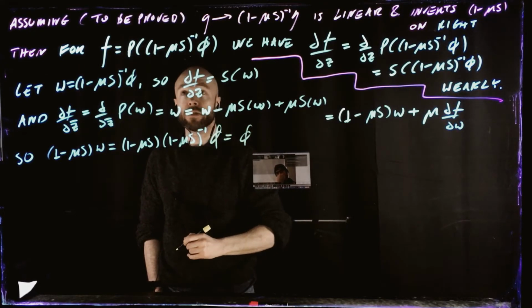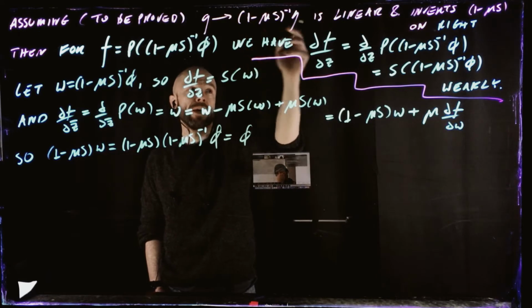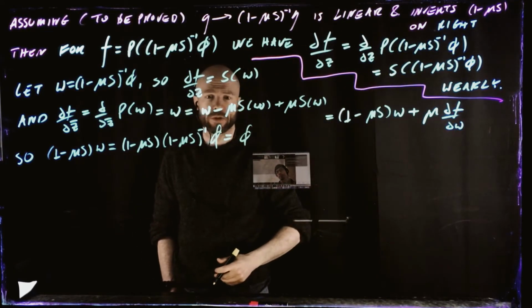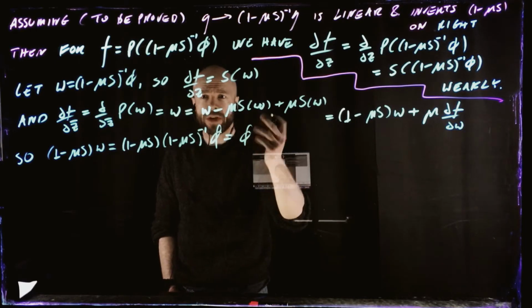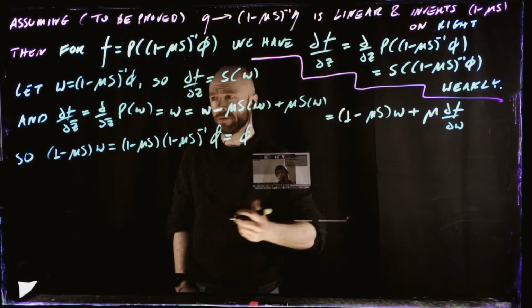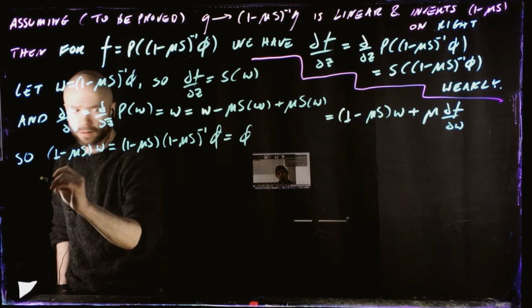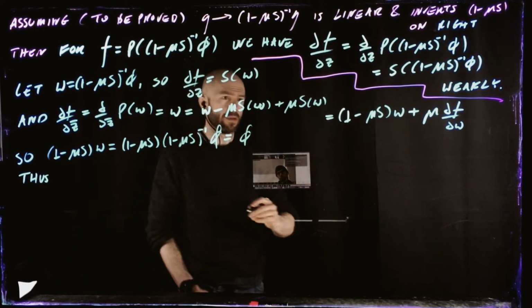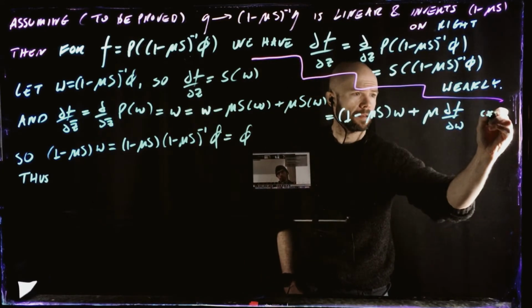So if this thing is true, that this guy is a linear mapping and we actually have an inverse on the right, then this guy turns into phi, and that's exactly the equation that we want. Thus, let's call this thing star.